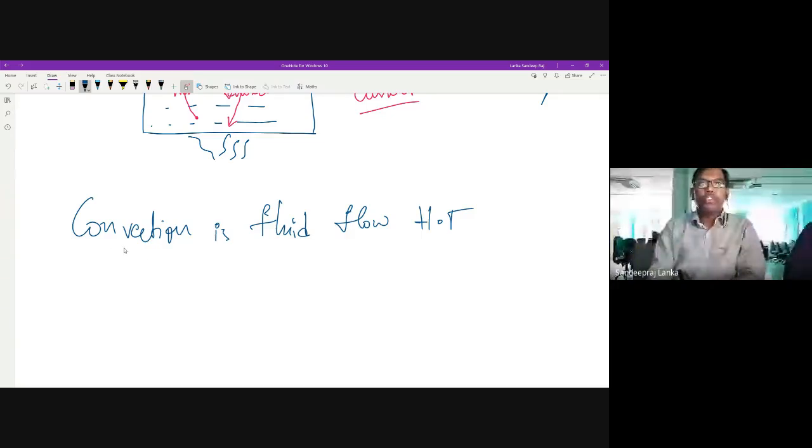But if there is a fluid flow, it is a convection case. Instead of saying convection, you can simply say it is a fluid flow heat transfer. So remember this: convection is fluid flow. There will be bulk fluid motion. In any case, if there is a fluid motion, you can call it a convection case. It is as simple as that.